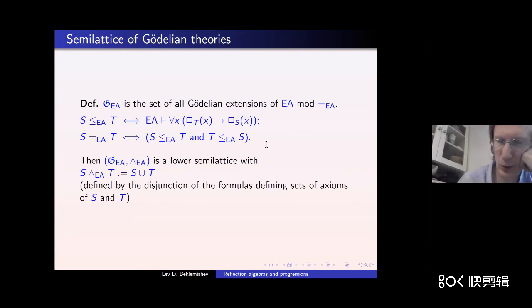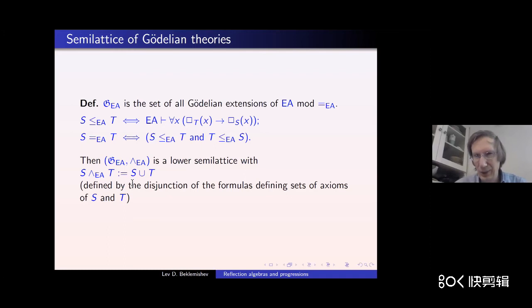So that's the relation that we consider. It is obviously a transitive reflexive relation, a pre-ordering. Therefore, the associated equivalence relation is in fact an equivalence relation. And the structure of all Gödelian extensions with this ordering, modulo equivalence, is in fact a semilattice. We consider it in this talk as a lower semilattice, with the operation denoted as usual in lattices by a lower bound.